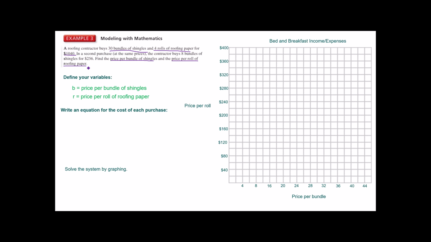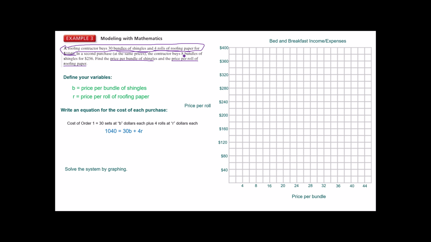This one's actually really nice because we've made 2 separate purchases. In our first purchase, we bought 30 bundles of shingles and 4 rolls of roofing paper for $1,040. In other words, the $1,040 is equal to 30 times whatever the bundles cost and 4 times whatever the rolls cost.